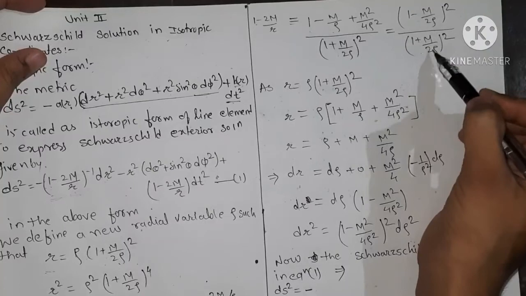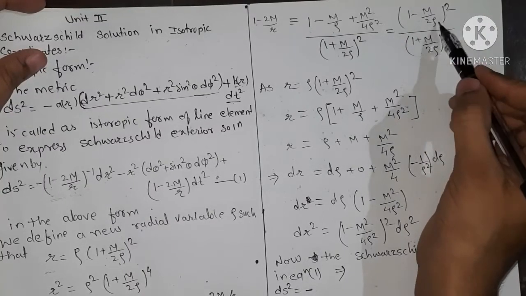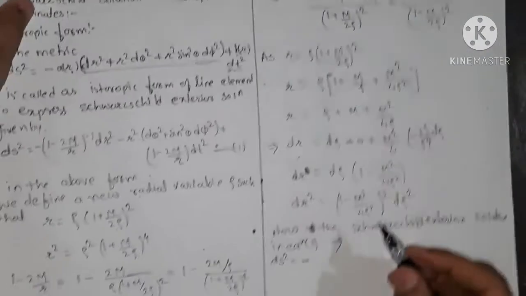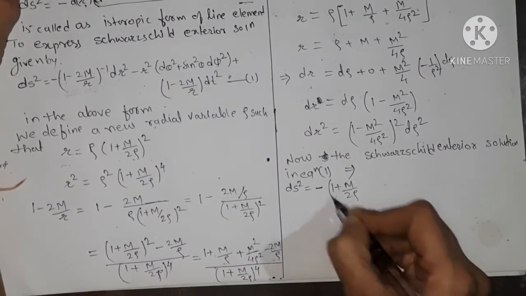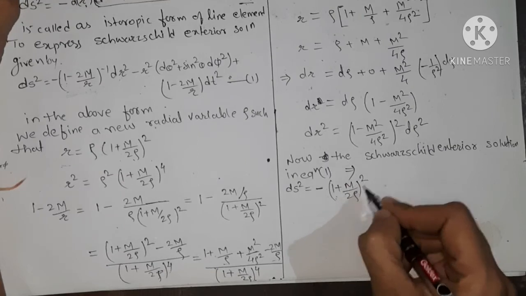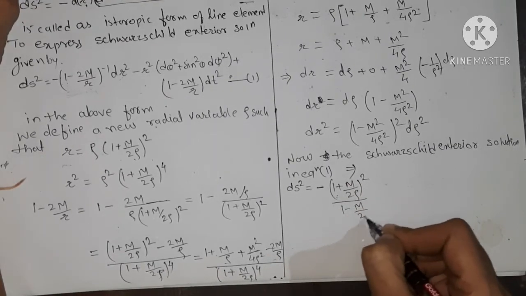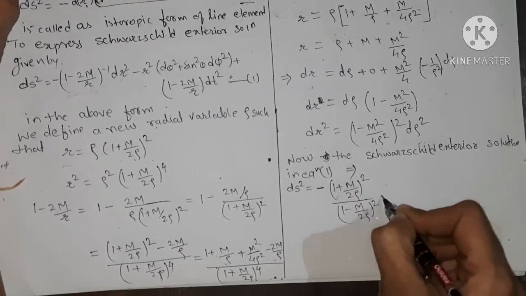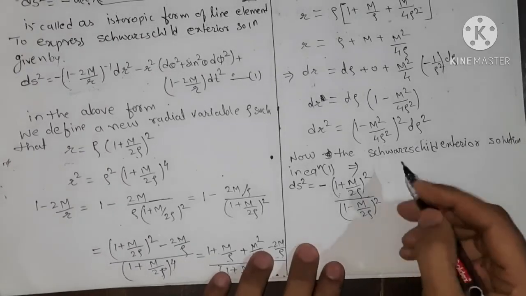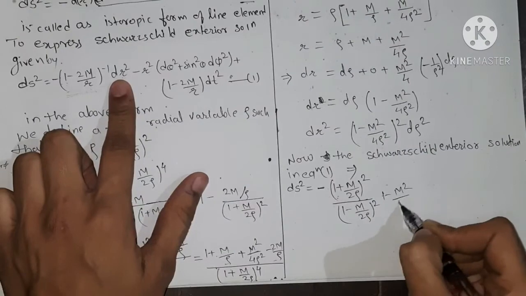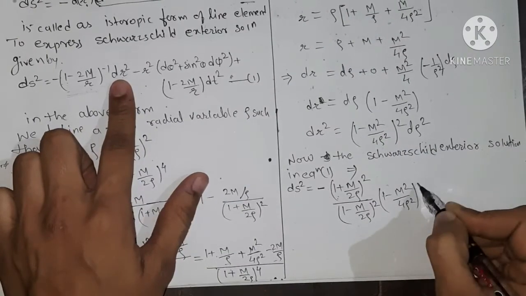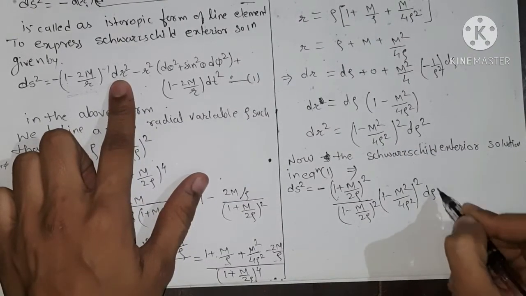So 1 plus m upon twice rho square comes in the numerator, and this comes in the denominator. So this equals 1 plus m upon twice rho its square upon 1 minus m upon twice rho its square, into dr square. Dr square equals this term, 1 minus m square upon 4 rho square whole square, d rho square.